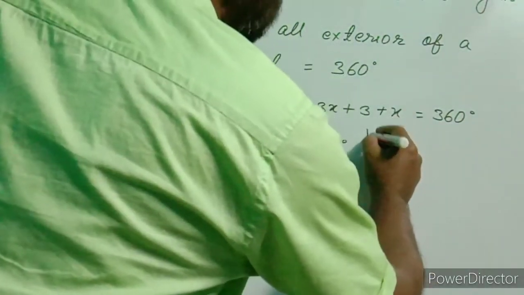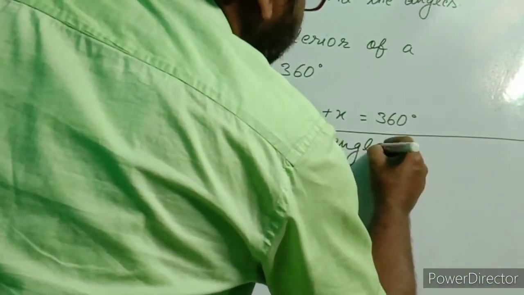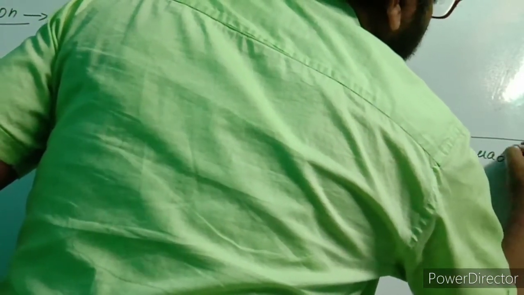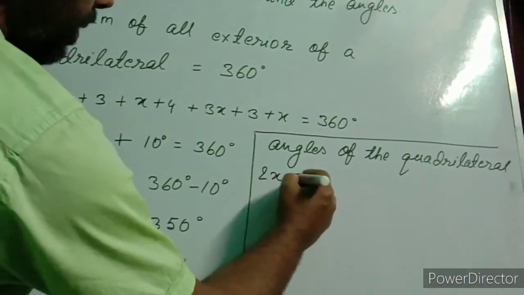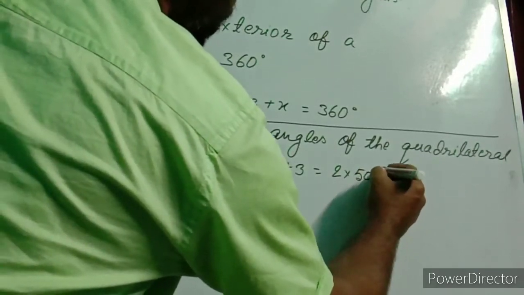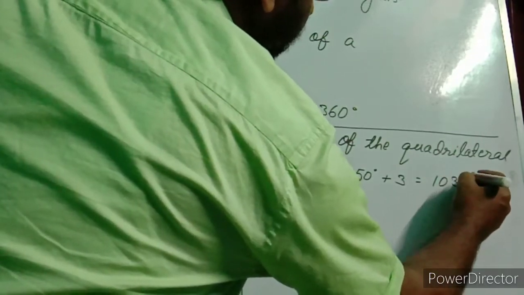Now, in this part of the solution we find the angles of the quadrilateral. First is 2x plus 3 equal to 2 into 50 degree plus 3 equal to 103 degree.